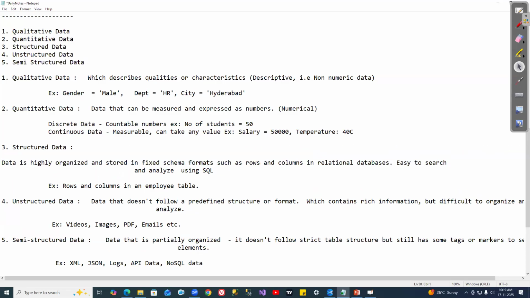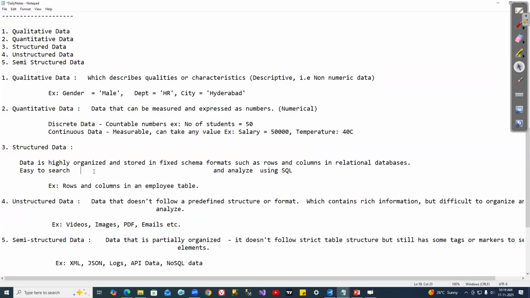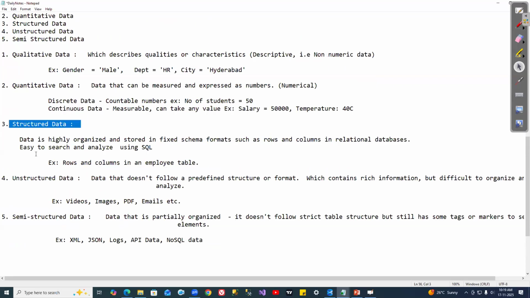That means it is easy to search and analyze using SQL, structured query language. For example, rows and columns in an employee table, that is structured data.